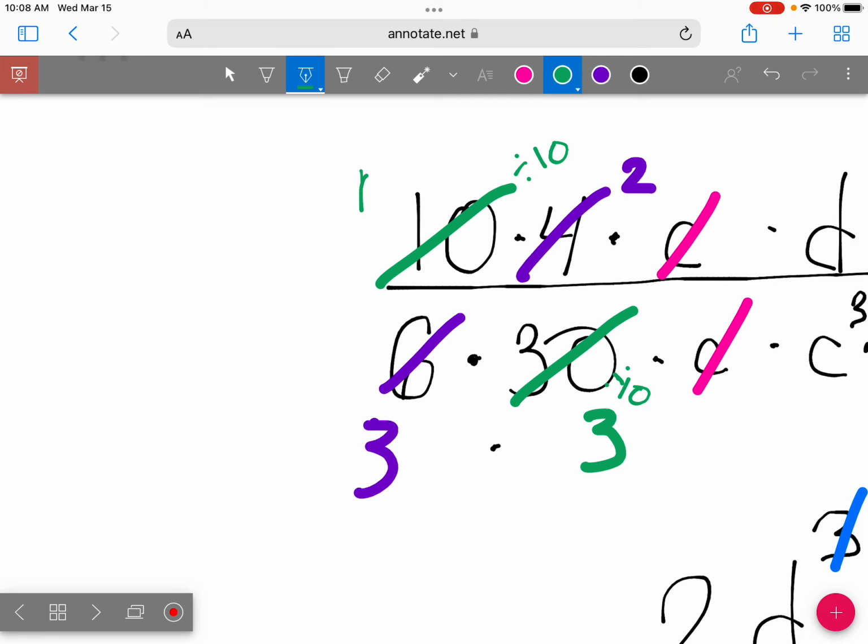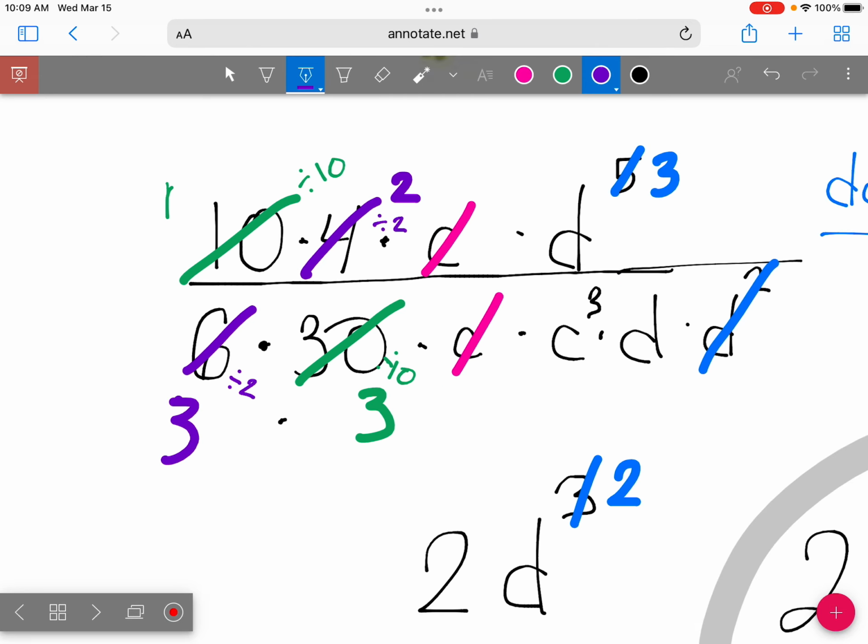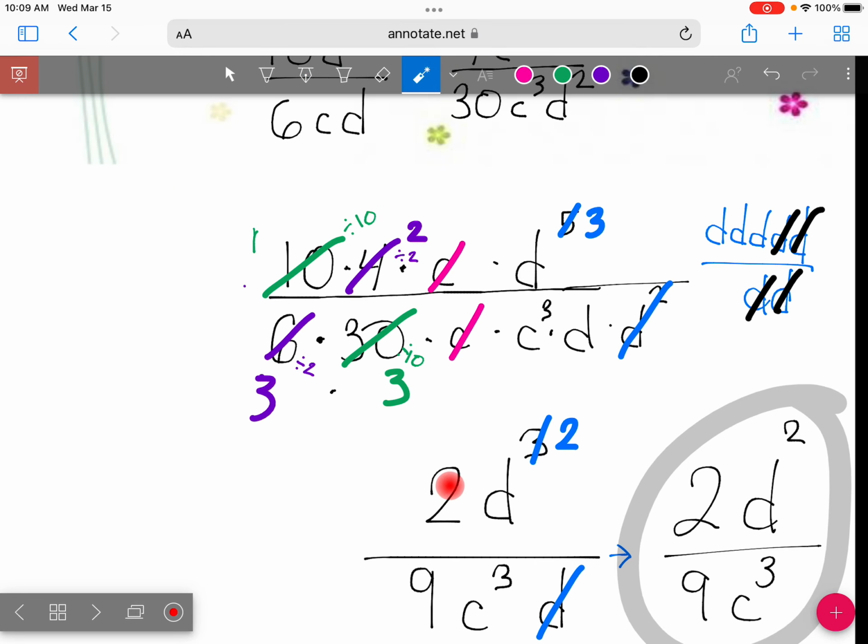My 4 and my 6, I divided those by 2. 4 divided by 2 gives me 2, 6 divided by 2 gives me 3. I'm left with 1 times 2 on the top, giving me just that 2 up here, and my 3 times 3 on the bottom giving me this 9 down here.